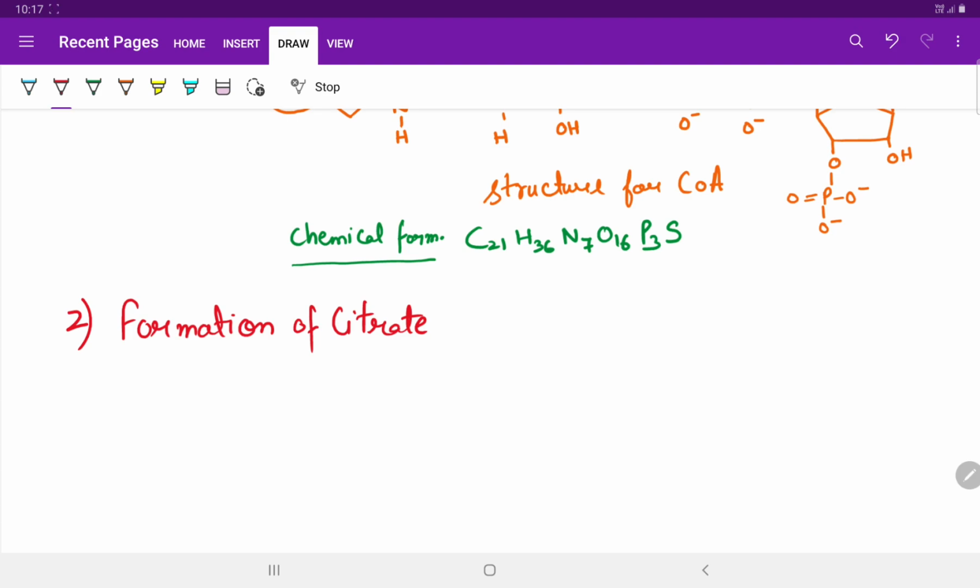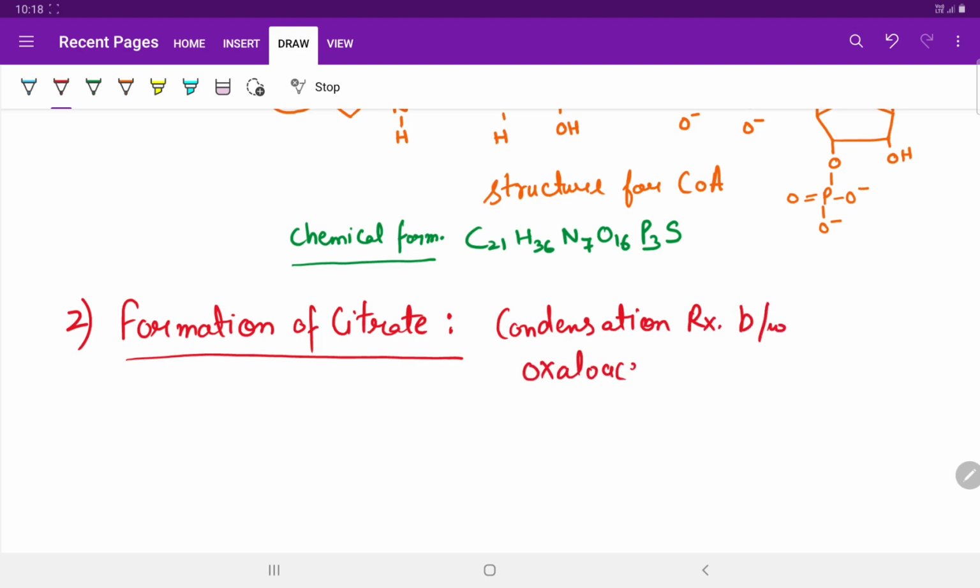The citrate molecule is formed when there is a condensation of acetyl coenzyme A with oxaloacetate. So basically this is a condensation reaction between oxaloacetate and acetyl coenzyme A.